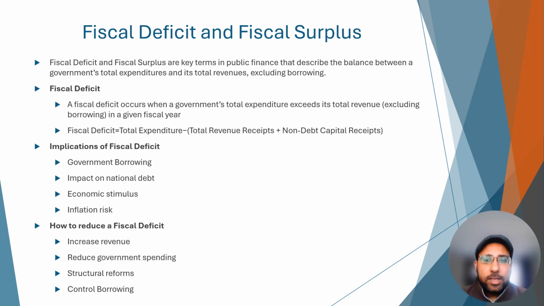So when a fiscal deficit occurs, the government intends to, or has to, borrow more money to cover that gap. This can lead to growing national debt and other economic consequences if it's not managed effectively.